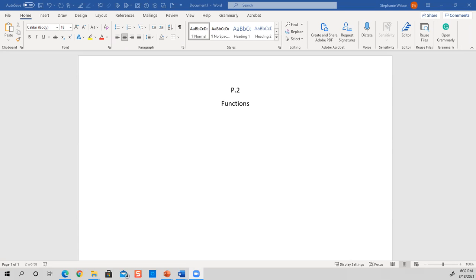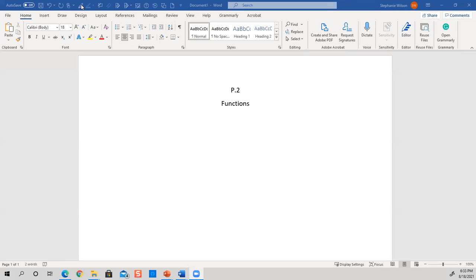A function is a set of ordered pairs in which no two pairs have the same first coordinate. The first coordinate is the x value. This is why, because y depends on x. And it has a different second coordinate.